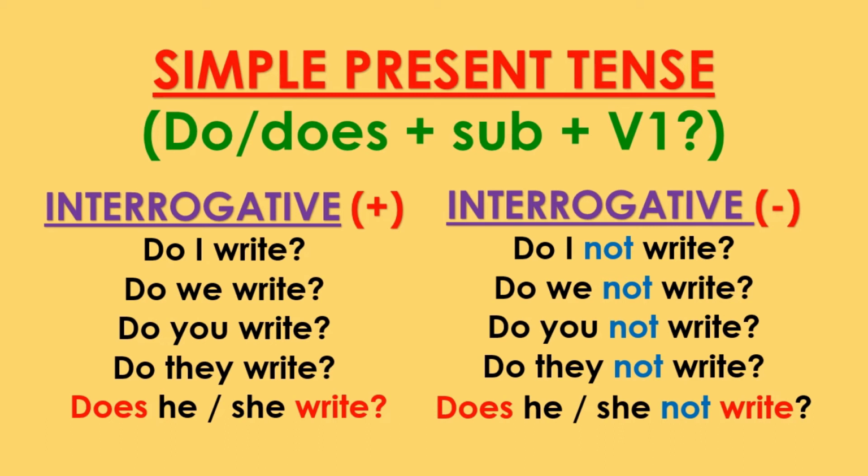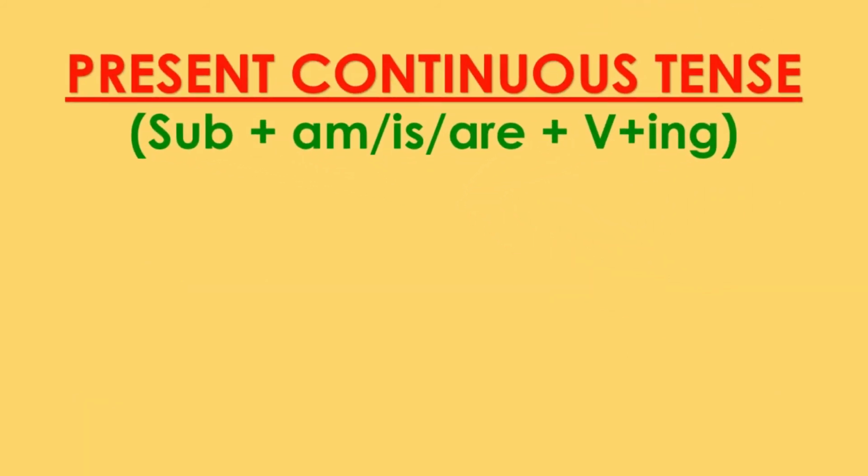Let us now see how we construct sentences in present continuous tense. In case of present continuous tense, a be verb is used after the subject. Now students, we have already discussed in our live classes that there are 5 be verbs.